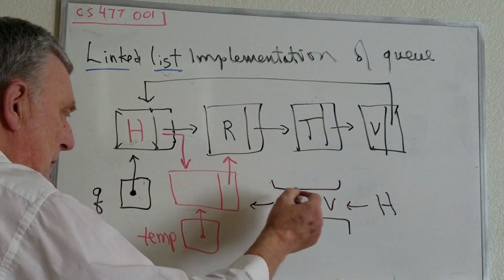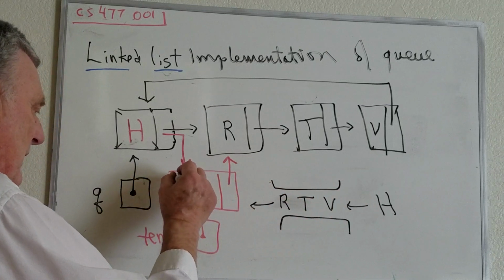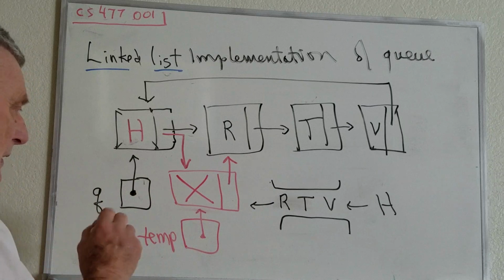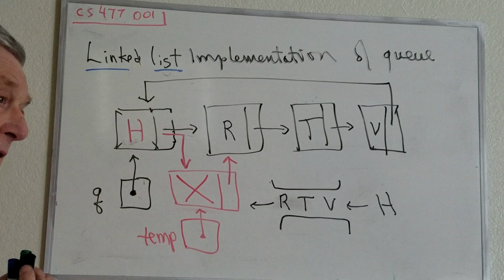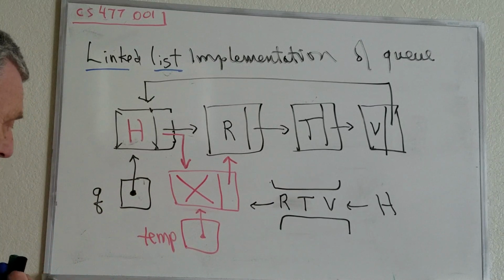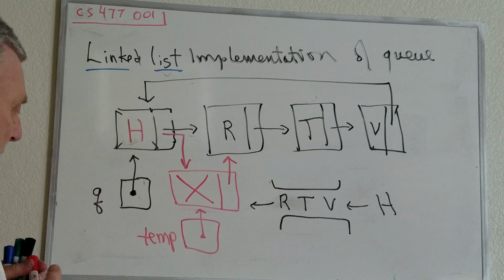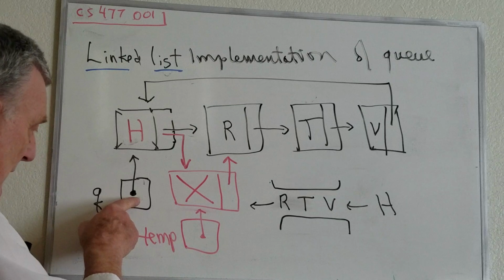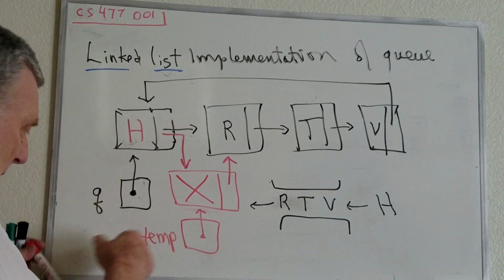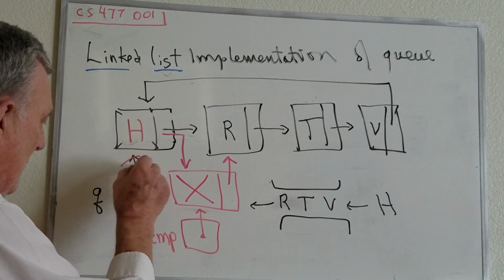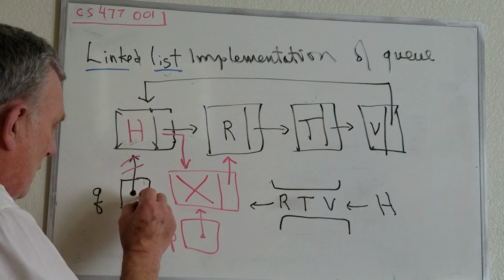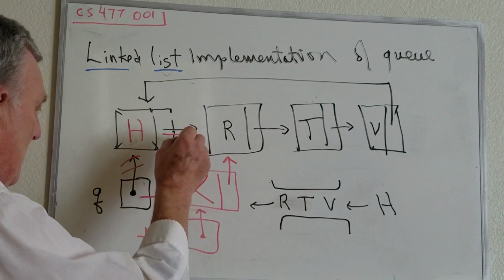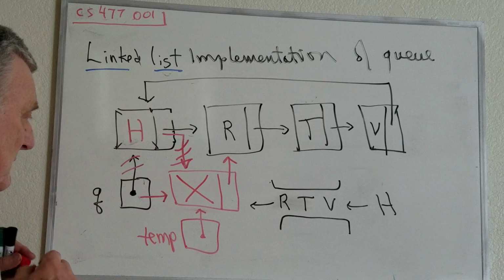There's a new rear item, but the front item hasn't changed. And this particular node becomes our dummy node. Now that means that this queue, which is a global variable, we're hoping, while this is local and will be deallocated, so what we have to do is redefine that pointer so it points to the new dummy node.